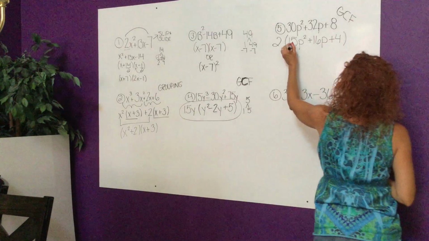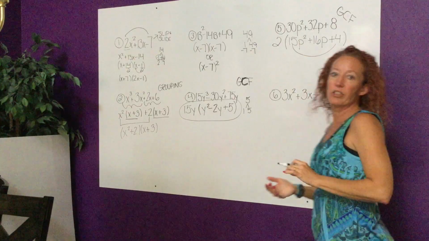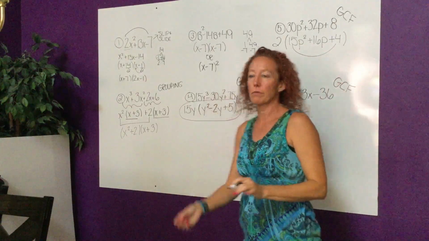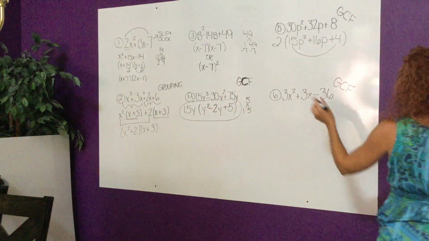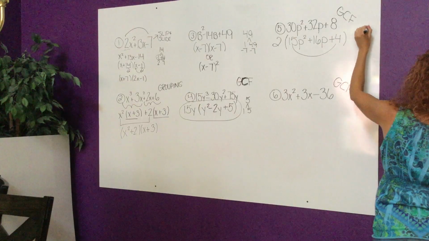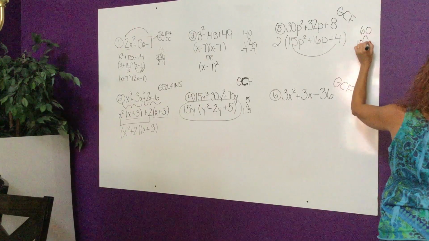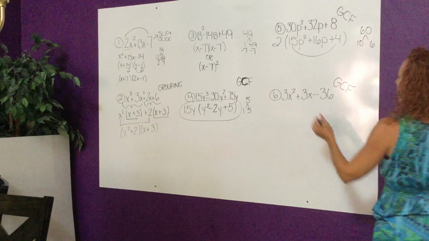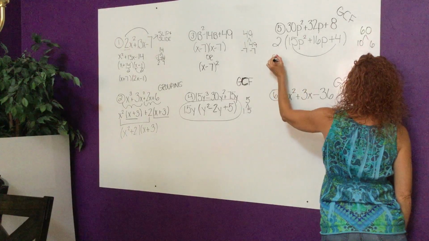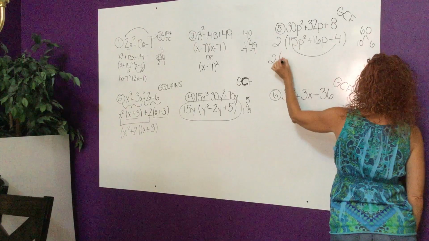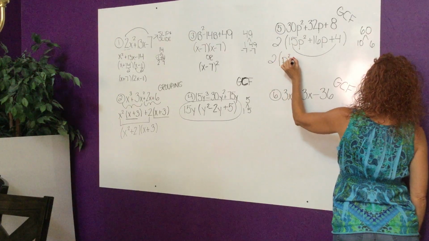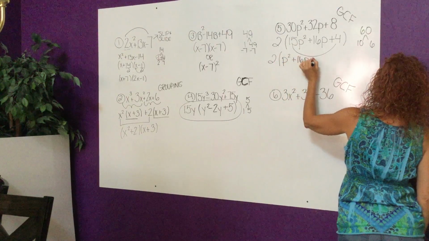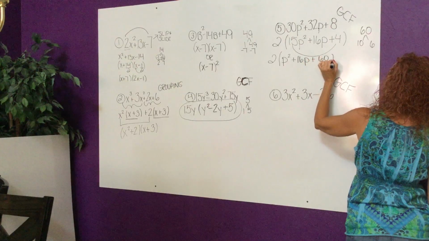I haven't done this question since last semester, so I don't really remember if it works or doesn't. 15 times 4 is 60. Oh, but it does work because 6 and 10 make 16. And so I am going to multiply that and write p squared plus 16p plus 60.